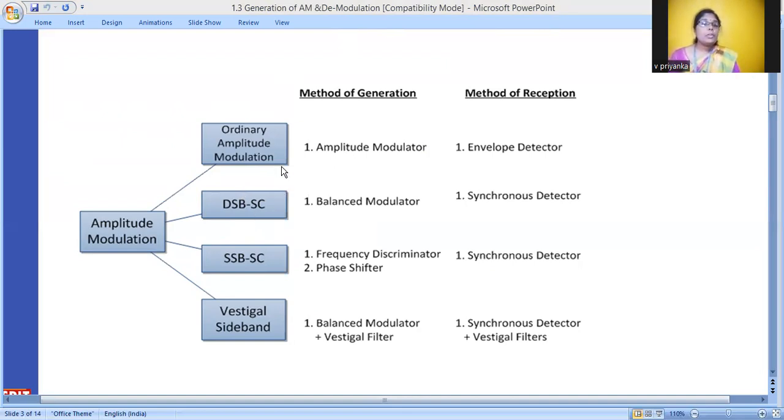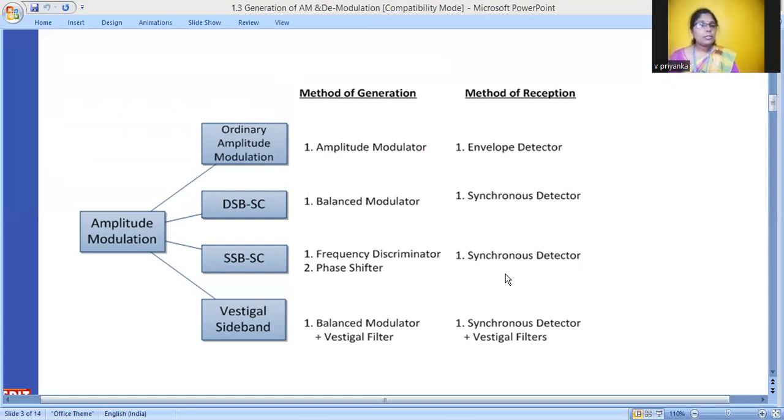For amplitude modulation, we can use an amplitude modulator, and for the method of reception, we can use an analog detector. For DSB-SC, we can use the method of balanced modulator, and for reception, a synchronous detector. For SSB-SC, we can use a frequency discriminator and phase shifter.